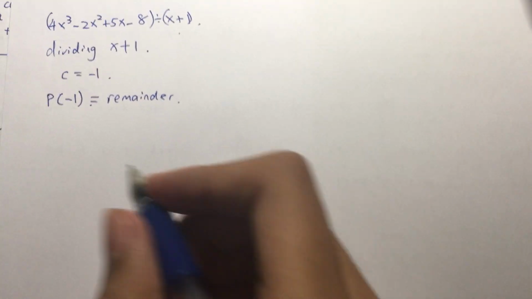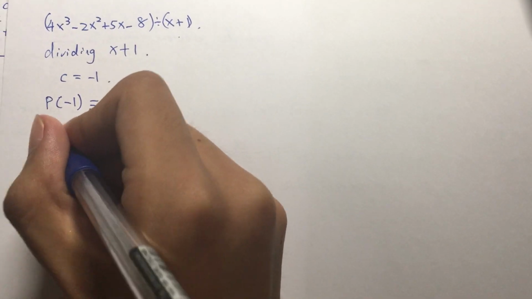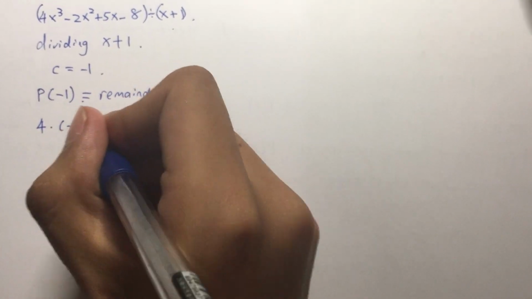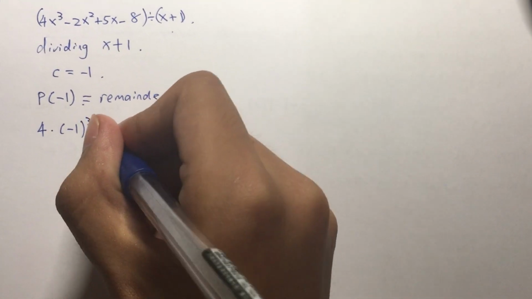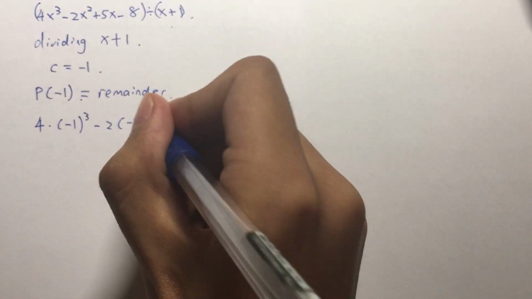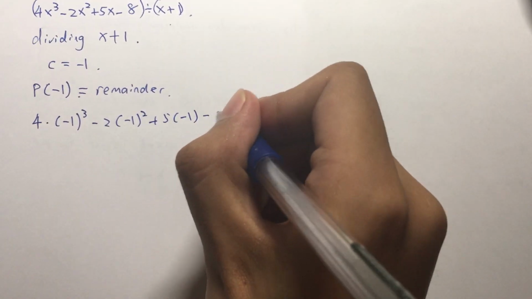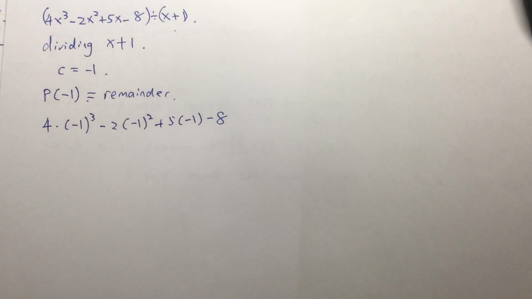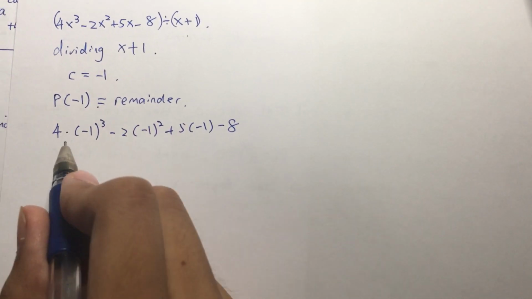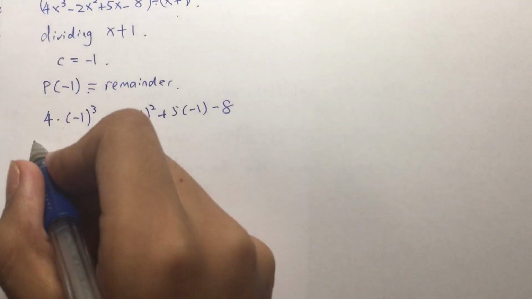And so let's just substitute. So 4 times negative 1 to the power of 3 minus 2 times negative 1 to the power of 2 plus 5 times negative 1 minus 8. Well, you can solve this.